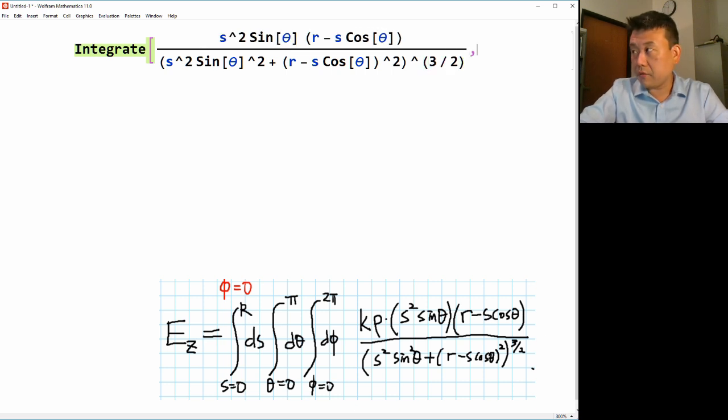And we want to evaluate this for theta. That's the one I'm trying to do, one I'm worried about. So theta going from 0 to pi.